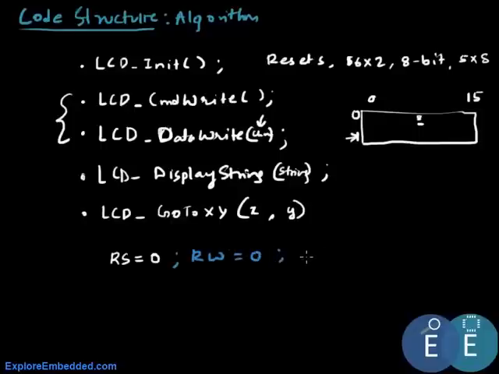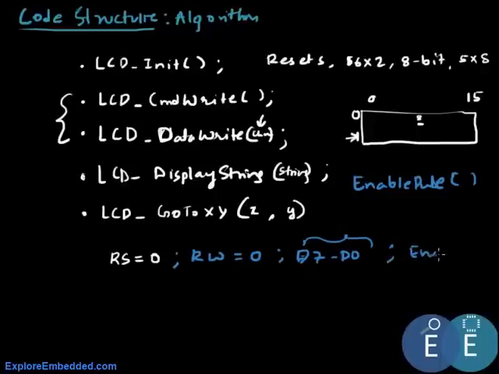Then we have one more function called enable pulse. This sends a pulse which latches this command into the LCD. Before we send an enable pulse, we need to have the command on the data lines. So we keep the command first on D7 to D0, and then we send an enable pulse. So this is basically the flow for the lcd command write function.